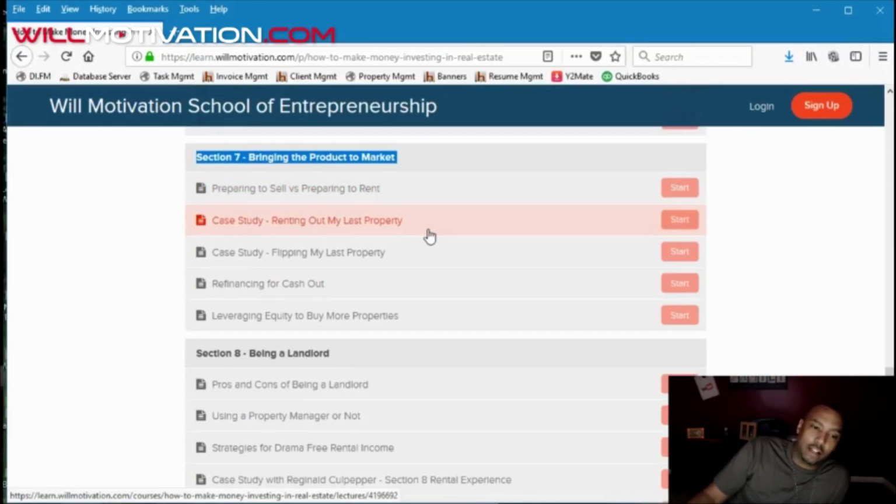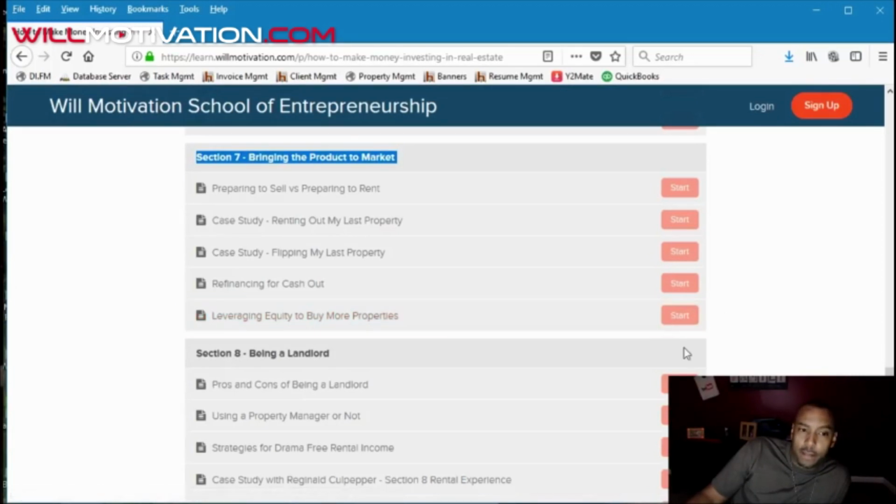And then the case study of flipping my last property and what I had to do to bring that to the market. Also, the cases where you might want to refinance for pulling cash out of a property, and then leveraging equity in the property to buy more real estate. So we'll talk about all of those subjects within the section of bringing the product to market.